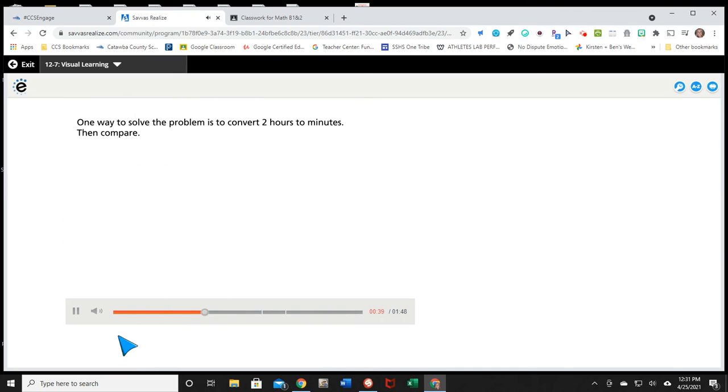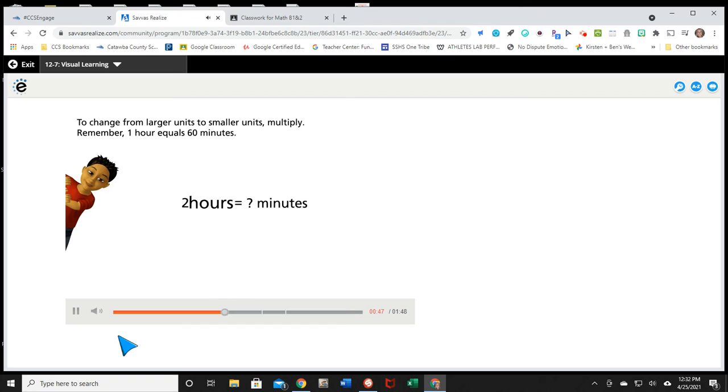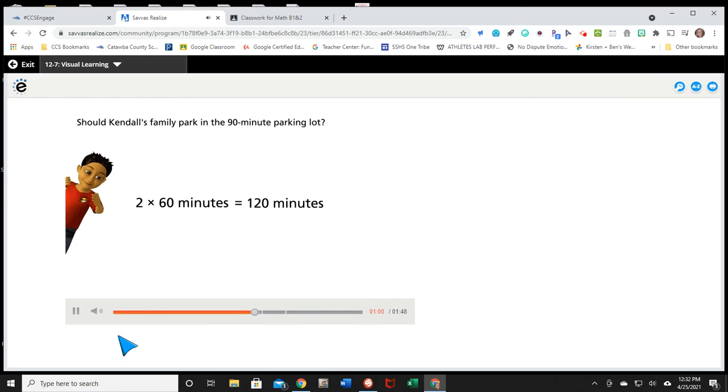One way to solve the problem is to convert 2 hours to minutes, then compare. To change from larger units to smaller units, multiply. Remember, 1 hour equals 60 minutes. 2 times 60 minutes equals 120 minutes. Should Kendall's family park in the 90-minute parking lot?